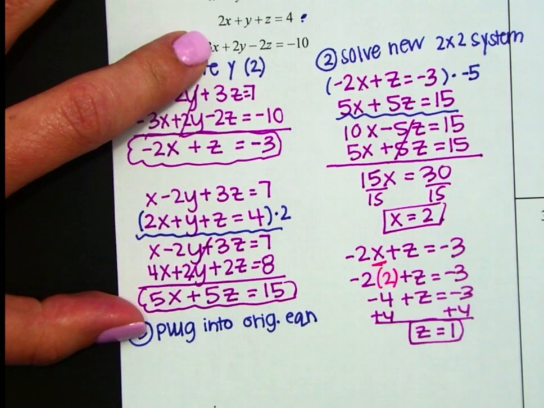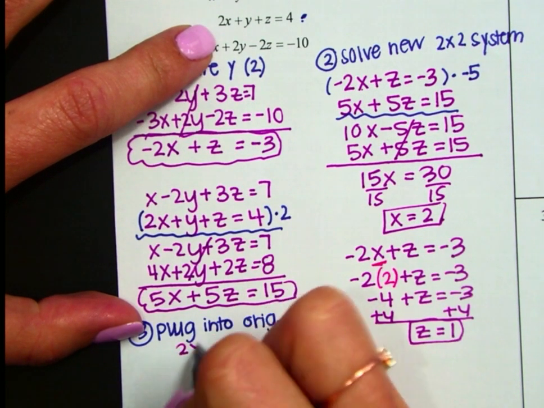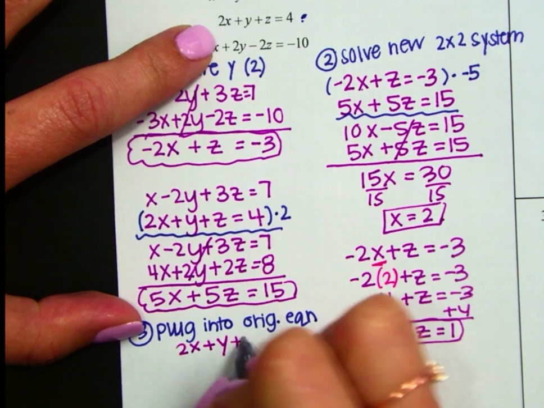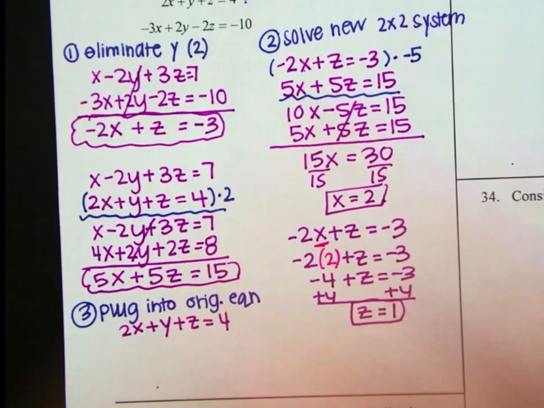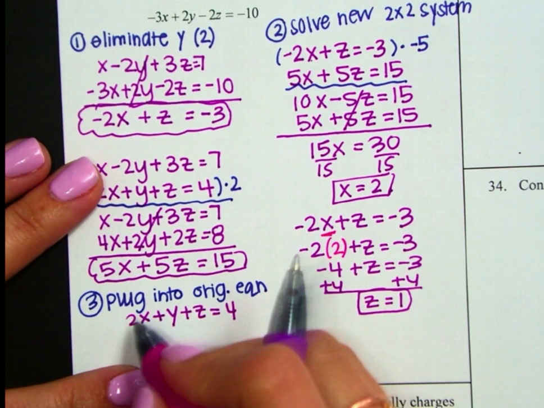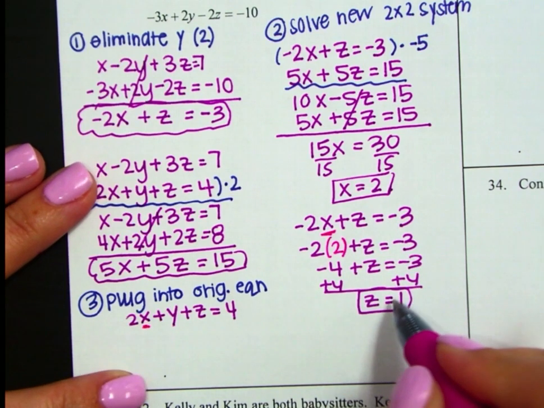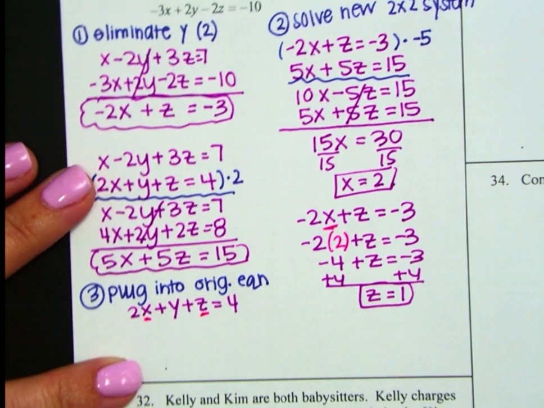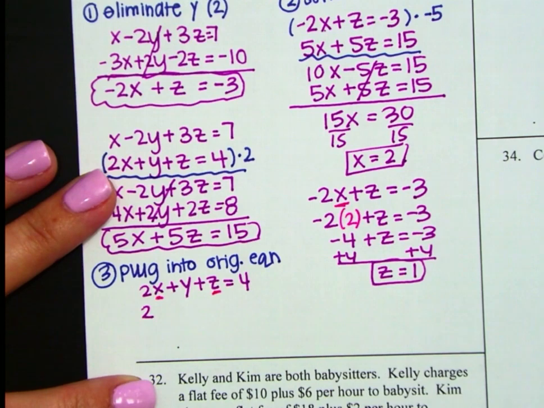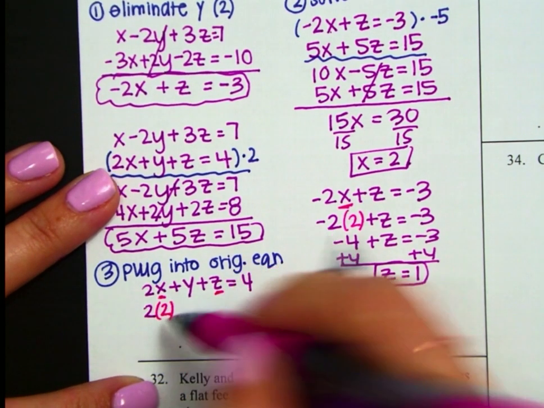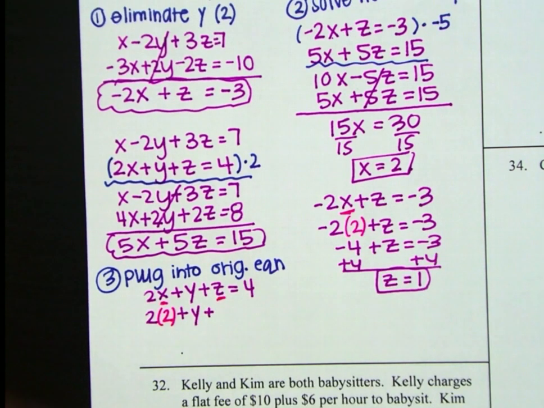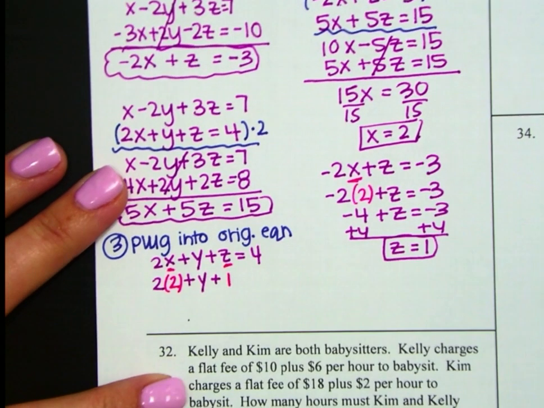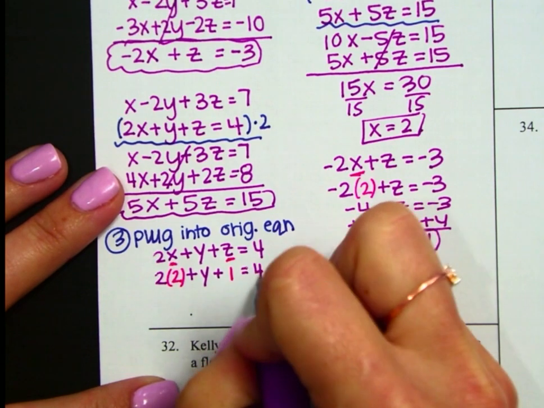So I have 2x plus y plus z is equal to 4, and I'm going to be replacing x with 2 because I know x equals 2, and I'm going to be replacing z with 1 because I know z equals 1. So 2 times 2 plus y plus z, which is 1, is equal to 4.